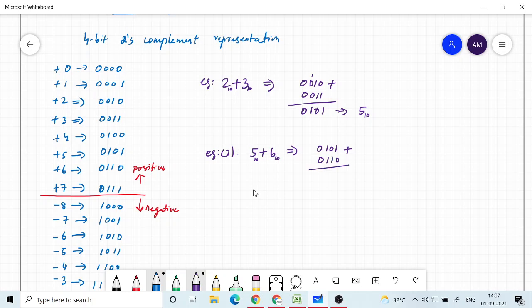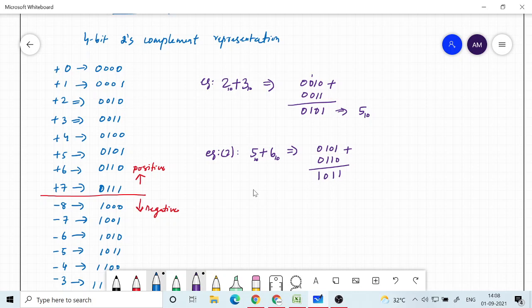It is the same as the binary number, no difference as far as positive numbers are concerned. So 1 plus 0 is 1, 0 plus 1 is also 1, then 1 plus 1 is 0 carry 1, and you get this number.